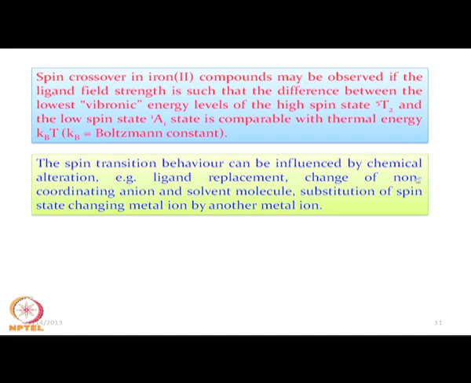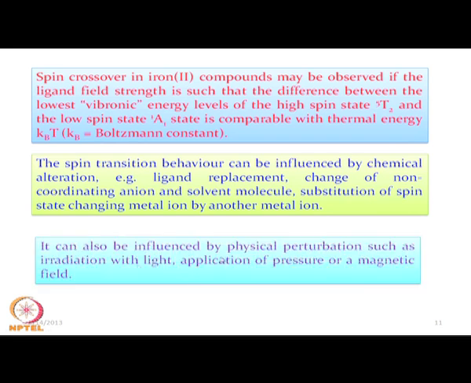Then we can go for the change of non-coordinating anion which is outside the coordination sphere, which is not coordinating the metal ion, but which is influencing the corresponding crystal field for the crystal lattice, and it can also affect the spin behavior. Then the solvent of crystallization, and sometimes the substitution of the spin state is possible if we change the metal ion, the iron 2, by some other metal ion.